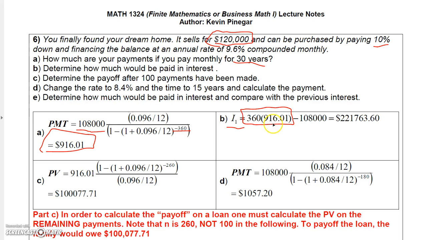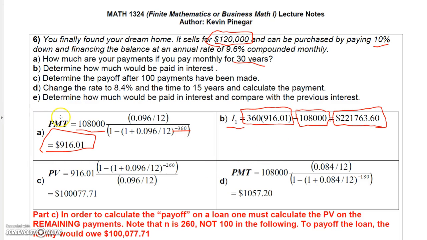Now that's over $300,000, and if you subtract off what you could have paid if you just paid cash and not financed it, then the difference between what you're going to pay over those 360 months and what you could have paid cash is the interest that you're going to pay. So you're going to pay over $221,000 in interest over that 30 years.